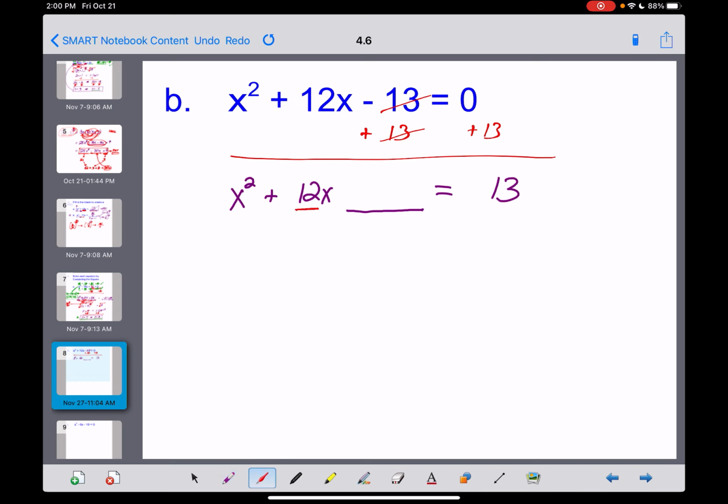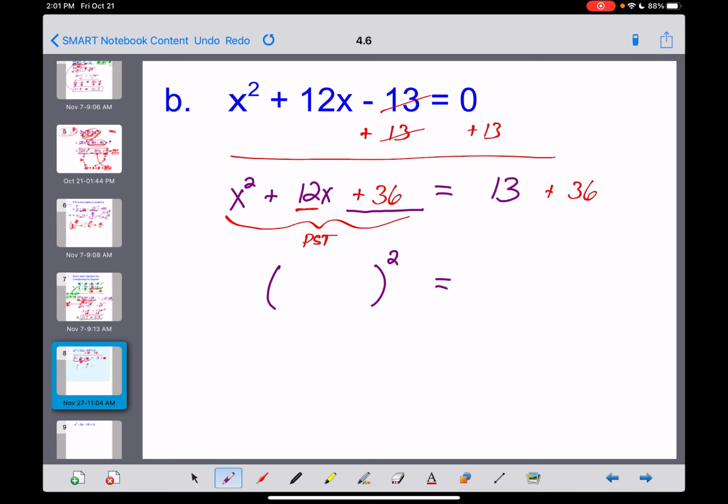So, here we go. We take our b value, which is 12. We cut it in half, which is 6. We square that number then. 6 squared is 36, and we add that on the left, but of course then we have to balance that out by adding it on the right as well. And what have we done? We've created a perfect square trinomial here on the left, which factors into a single binomial squared.